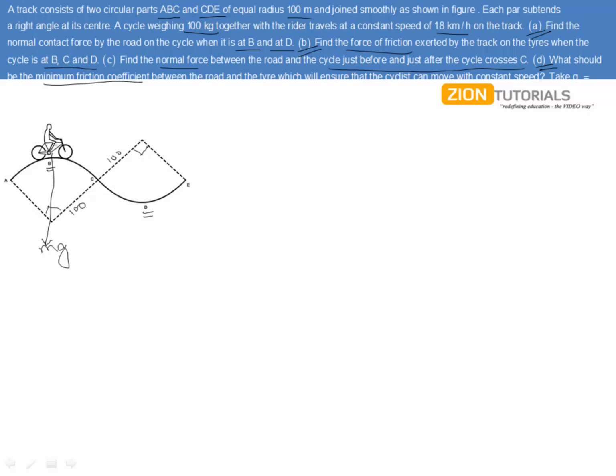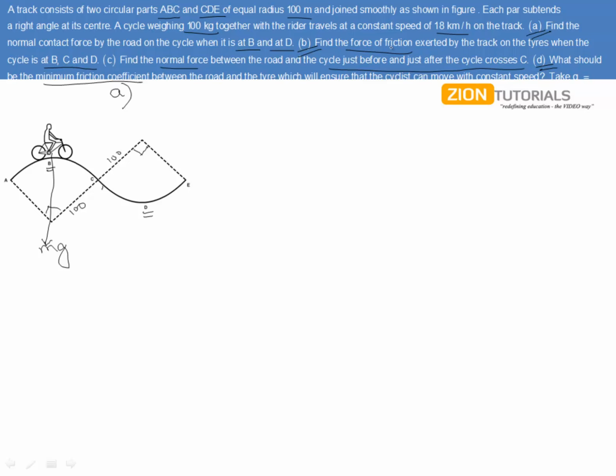So ultimately the normal reaction is different when the cyclist is in part ABC and when it's in part CDE. That is, an equation changes by a sign of plus or minus when a cyclist goes from one part to the other part. So let us take that into account more deeply, solving the problem.